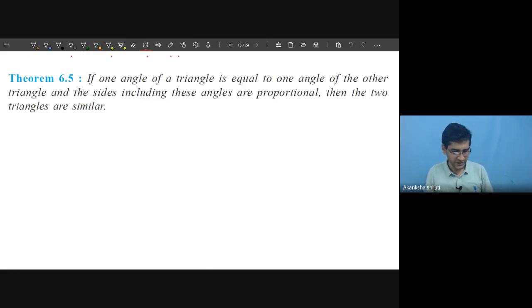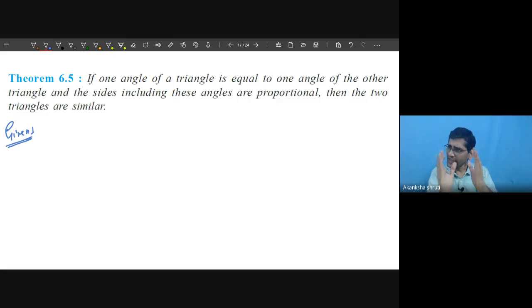So let us first understand the third condition also. The third condition is the combination of the first two. So the given condition is that some of the angles are equal and some of the sides are proportional. Student, if two angles are equal, it obviously means the third will be equal, then it becomes AAA.